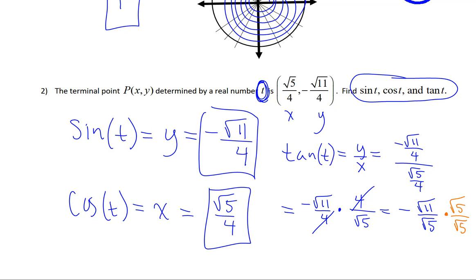You may recall this from an algebra skill in the past, and we'll do that to get a final answer of negative square root of 55 on top, that's negative the square root of 11 times square root of 5, over, on the bottom, square root of 5 times square root of 5 is just 5. And this is now what we'd call the rationalized answer, which is likely the form you would see it in, simplified in a textbook.